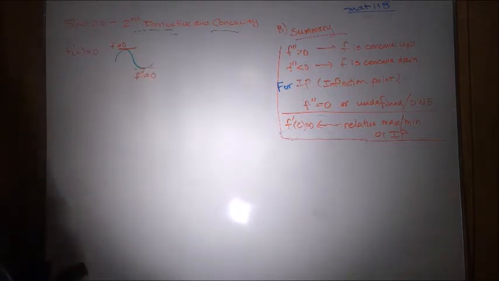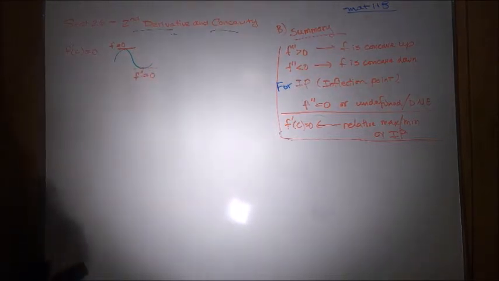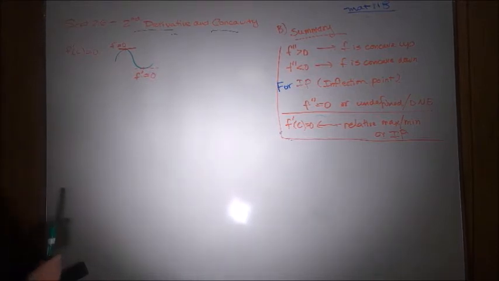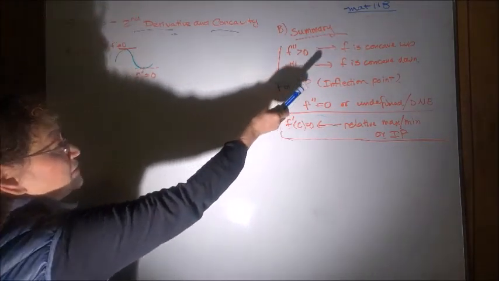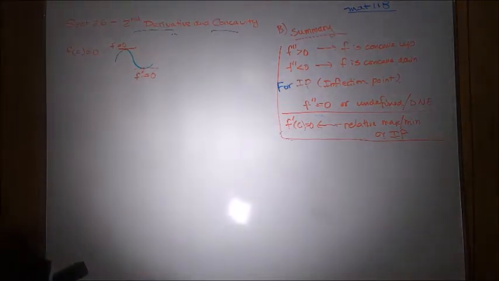Like a minimum cost, right? And we also learn what? When f prime prime is greater than 0, f is concave up, okay?